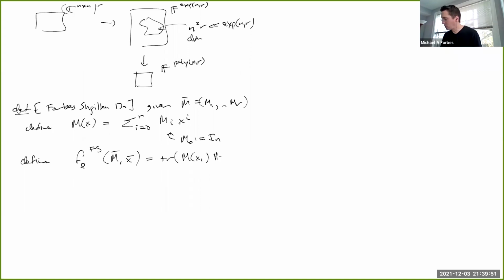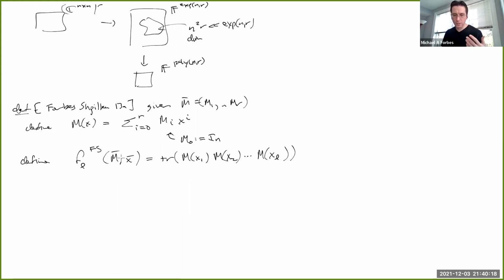Then we take the same univariate polynomial, but now in a new variable x2, and we keep on going up to variable xL. So it's the same matrix valued univariate polynomial, but in different new variables each time. We take the product of those things. It's again a matrix, and then we take a trace. So this is a multivariate polynomial in the x's, and we can also view this as a polynomial in the M's as well.